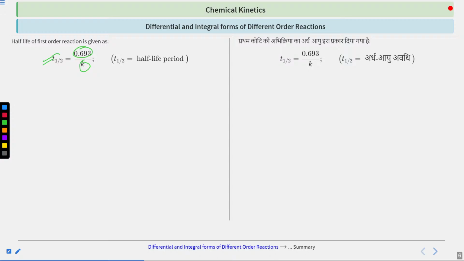Here t half is the time in which your initial concentration will move to half of its value. Suppose you start from 4 mol per liter, then your final concentration should be 2 mol per liter.